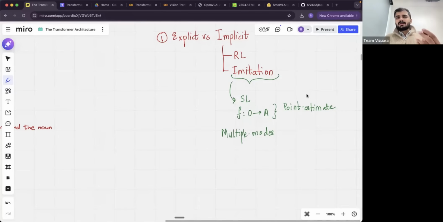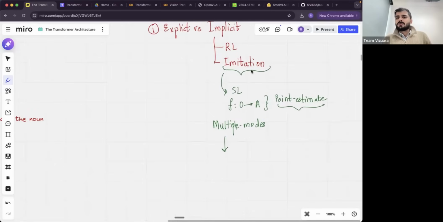They don't consider that, okay, I have five modes, so all of them have a chance of occurring with different probabilities. That is the biggest problem with point estimate policies. And even though we are still confined within the regime of imitation learning, we then moved ahead from point estimate policies, which is what we see in traditional supervised learning, to deep generative modeling.